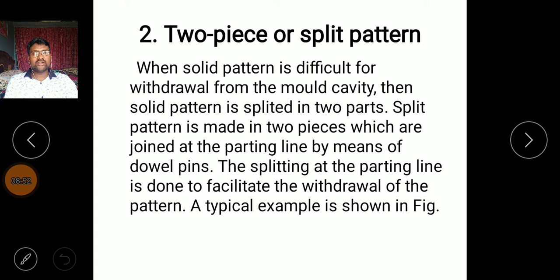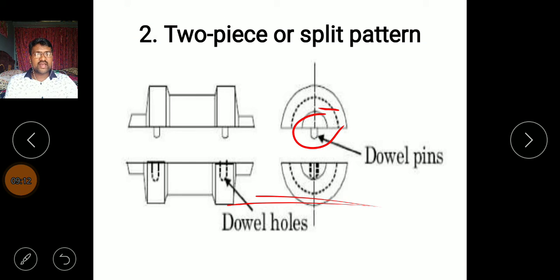At the interface of these two flasks, we will place the drag and cope pattern. Next, the splitting at the parting line is done to facilitate the withdrawal of the pattern. An example is shown in the figure. It is the diagrammatic representation of a two piece or split pattern.